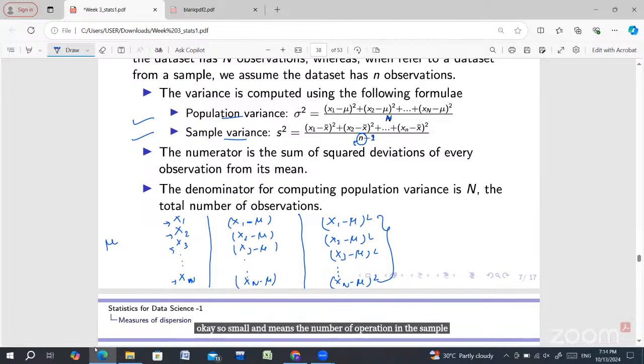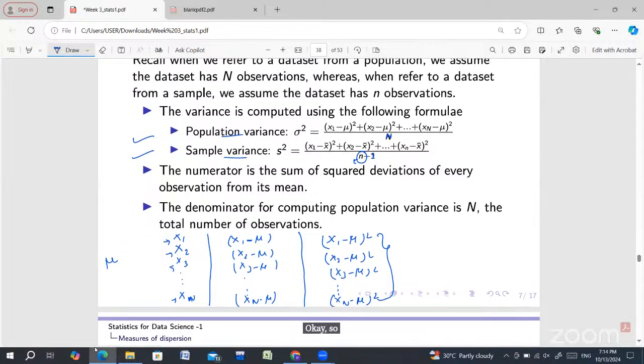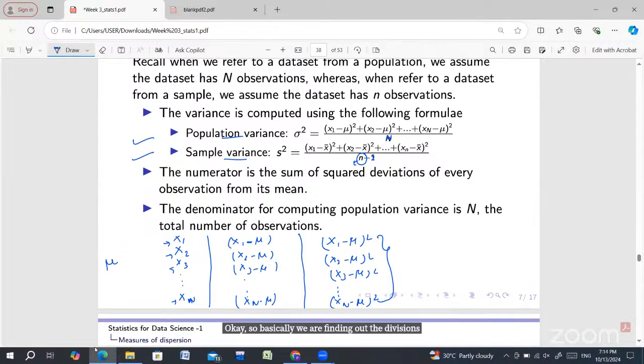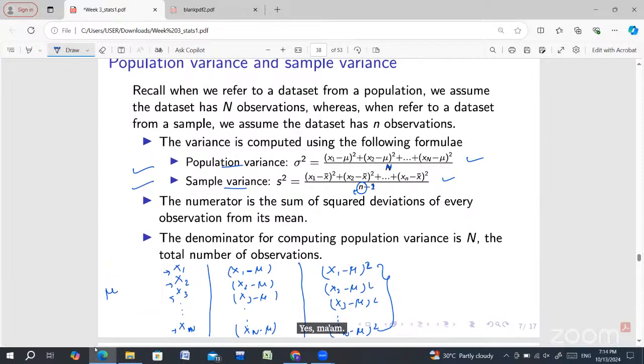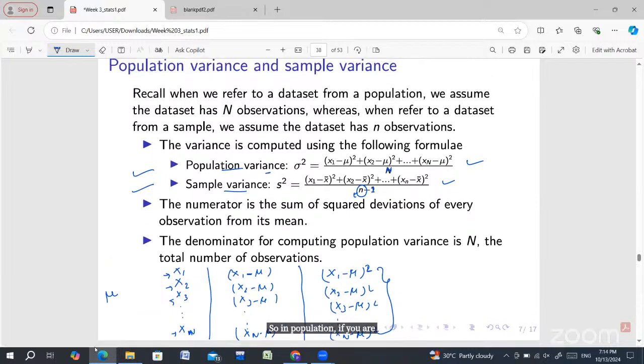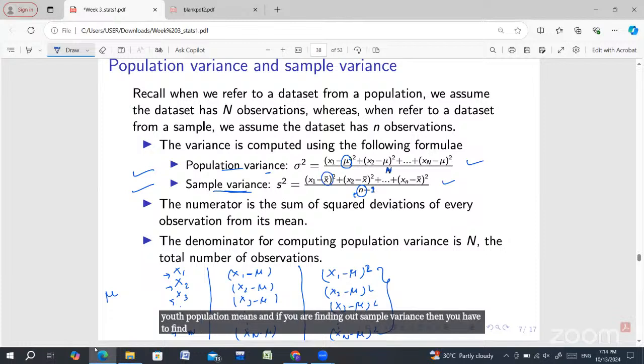Basically, we are finding the deviation of each data point from the mean value and squaring them, which is your numerator part. If you are finding population variance, you use the population mean, and if you are finding sample variance, you have to find the sample mean.